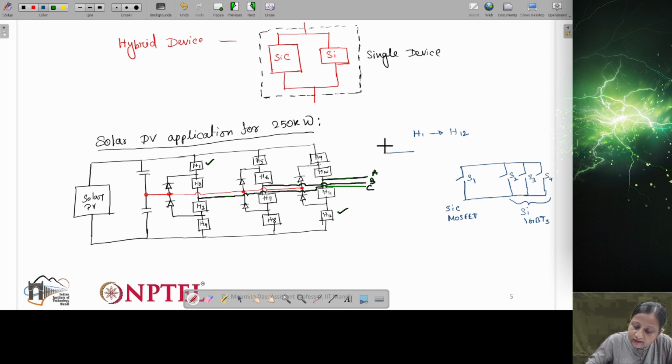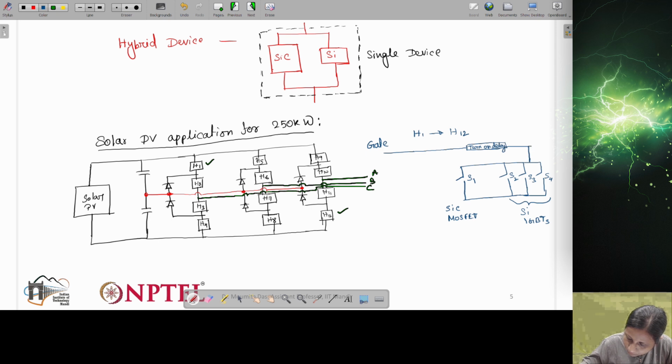So the gate signal which is provided to the gates of these devices is provided such that there will be some turn on delay provided to the silicon devices.